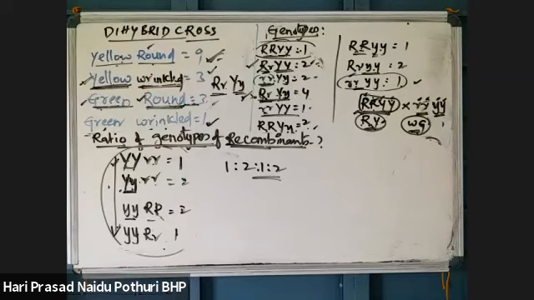How many yellow? Total 12 are yellow and 4 are green. That is 3:1.